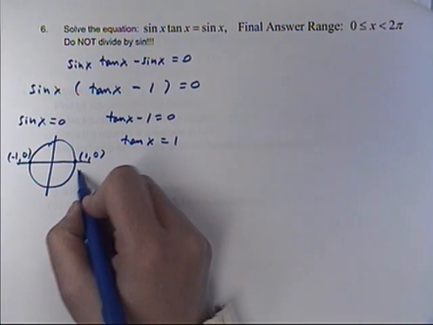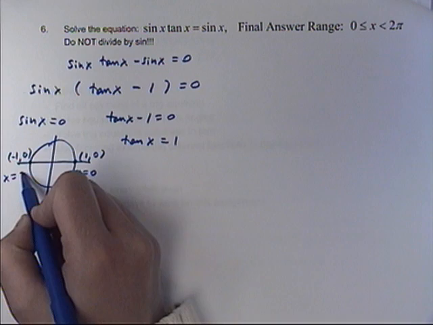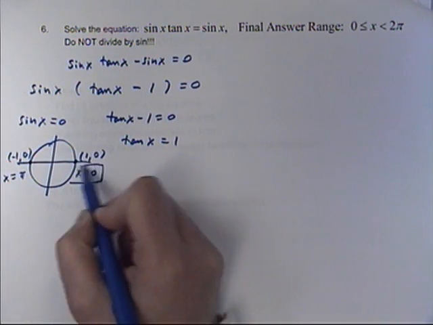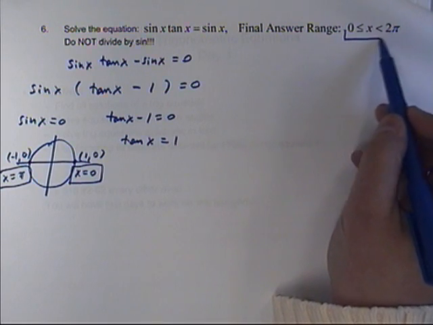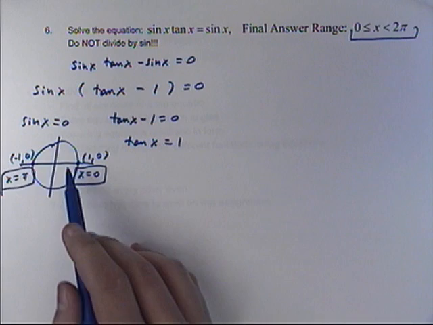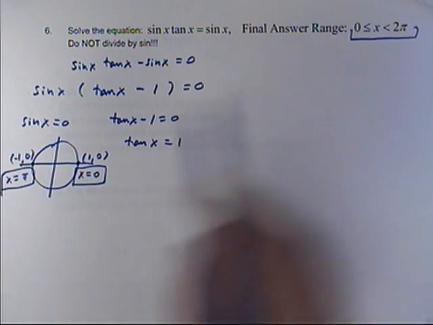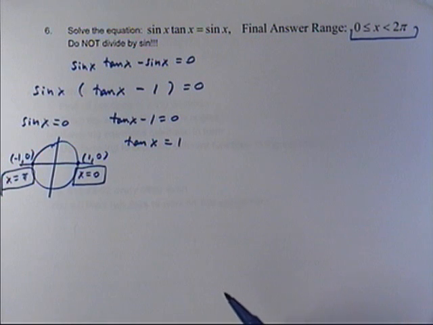This position would be radians of 0, and this position would be radians of pi. So those are my first 2 answers, 0 and pi, and as long as they're within the appropriate range, we're good. Yes, we are. Okay, can we add 2 pi to each one of these? No, because that would get us an angle larger than 2 pi itself. So those are the only 2 answers.